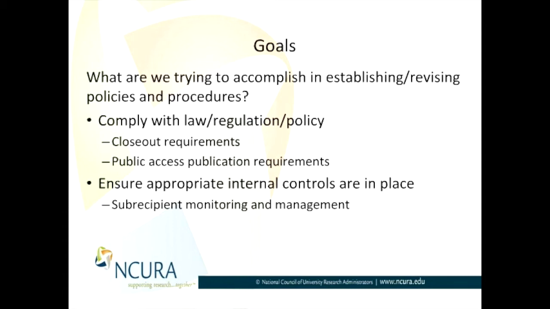And if for some reason it's not, then these federal government agencies would like to try to repurpose those monies. So closeout, because of the pressure that federal agencies are experiencing, we as institutions, as recipients of their funds, are experiencing the pressure as well.